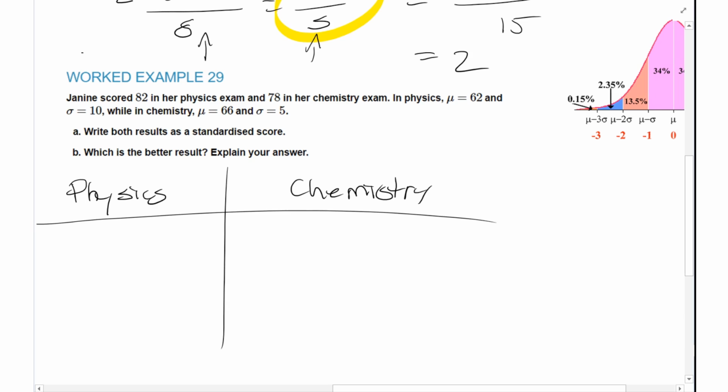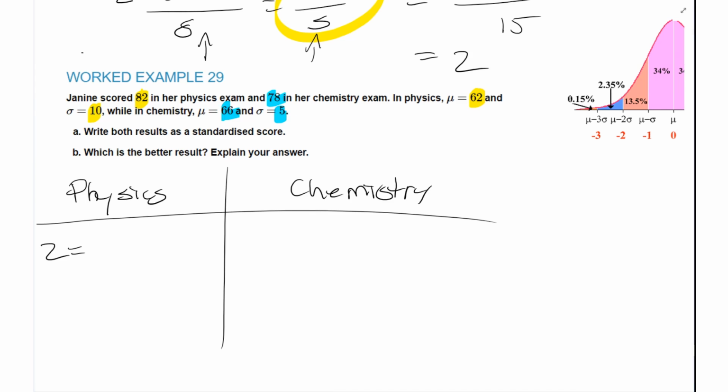Okay, so the Z-scores here. Let's highlight physics: 82, mean 62, standard deviation 10; chemistry: 78, 66, and 5.